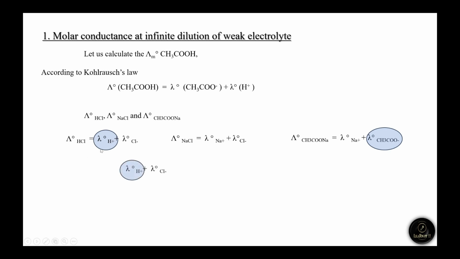We add the molar conductance of hydrochloric acid at infinite dilution plus the molar conductance at infinite dilution of sodium acetate, and we subtract from this value the molar conductance at infinite dilution of sodium chloride. Here the Na plus ion, here it is in brackets.